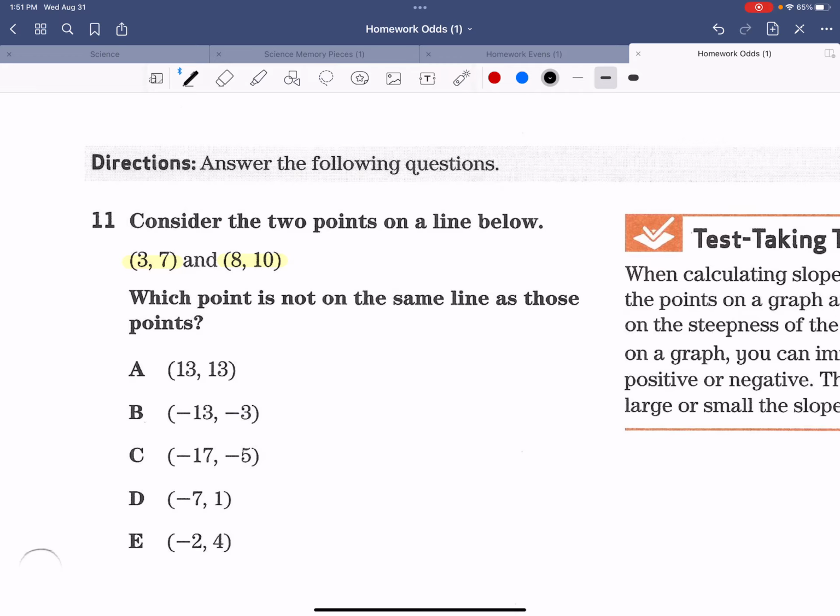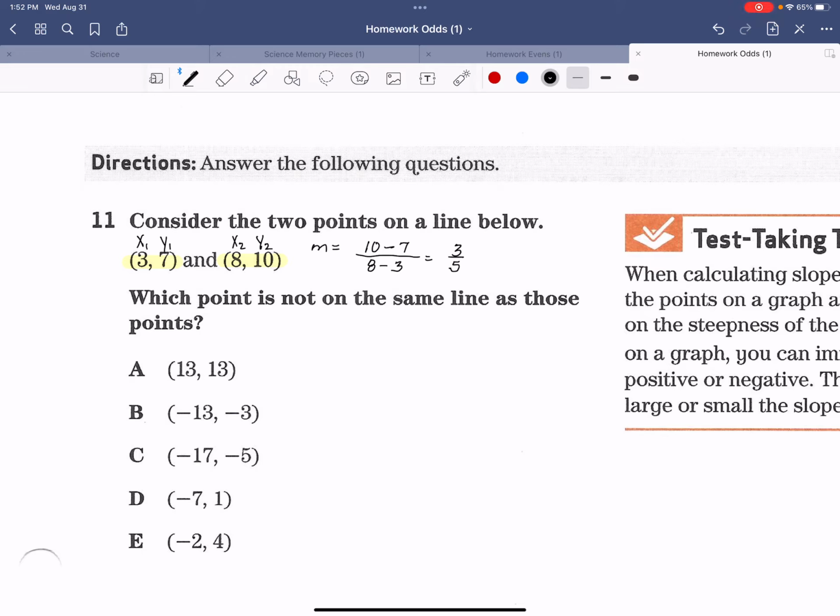Slope. So I'm going to let this be x1 and y1, x2 and y2, and the slope is going to be y sub 2 minus y sub 1 over x sub 2 minus x sub 1.